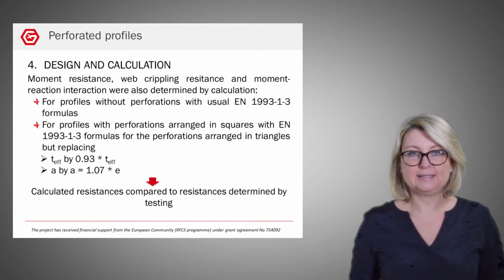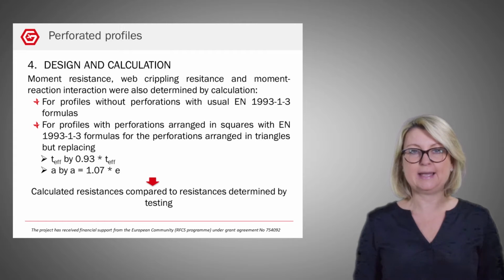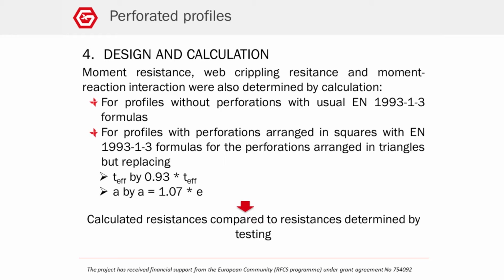The next step in our scientific process was to come up with a calculation method for moment resistance, web crippling resistance, and moment reaction interaction. For profiles without perforations, resistances were calculated according to Eurocode 313.